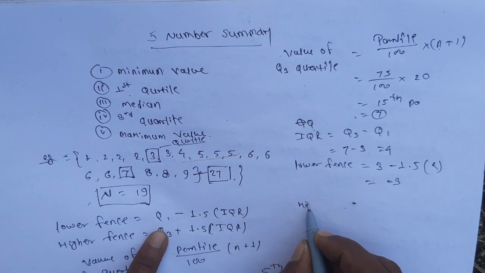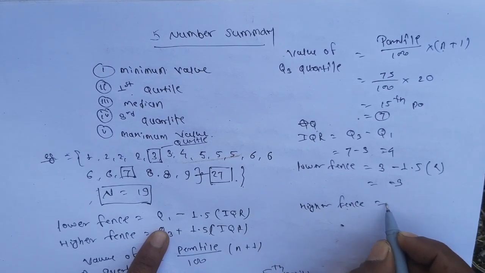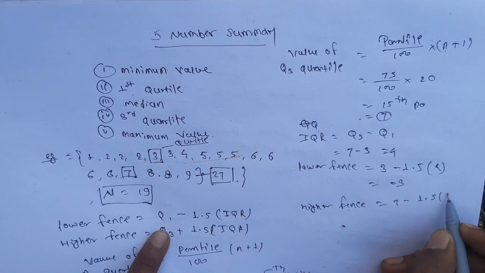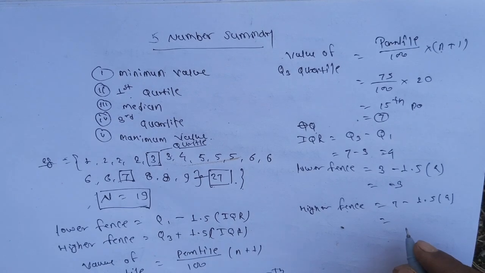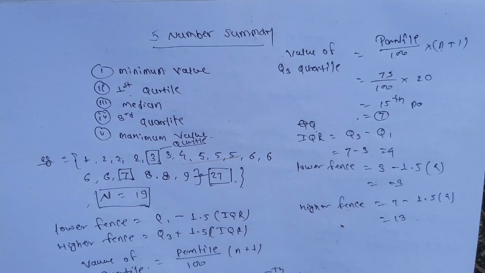And the higher fence is equal to 7 plus 1.5 into 4, which is nothing but 13. This is the higher fence and lower fence.